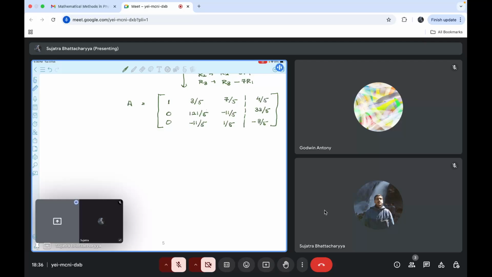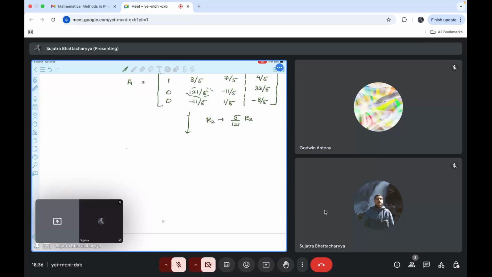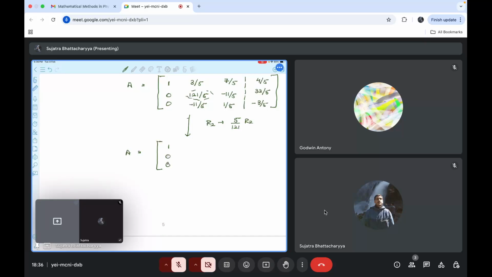Next step will be what? To reduce this as 1. For that, just use R2 as 5 by 121 R2. It seems like a very difficult operation, but the questions will be given in such a way that you will see that you can easily chop certain terms, so it will be easy for you.